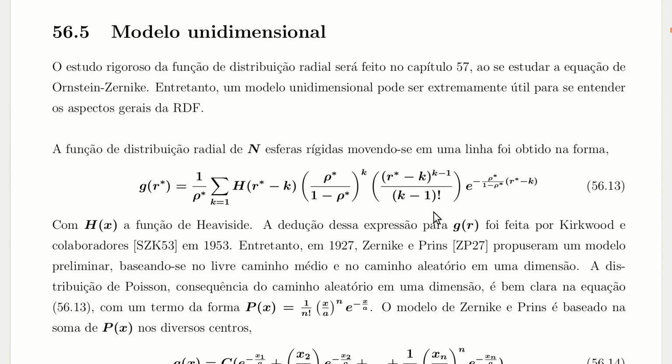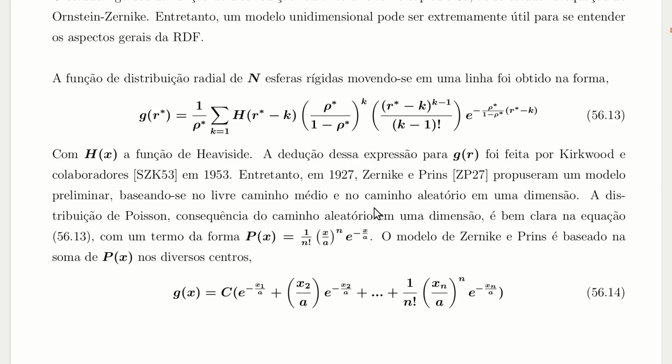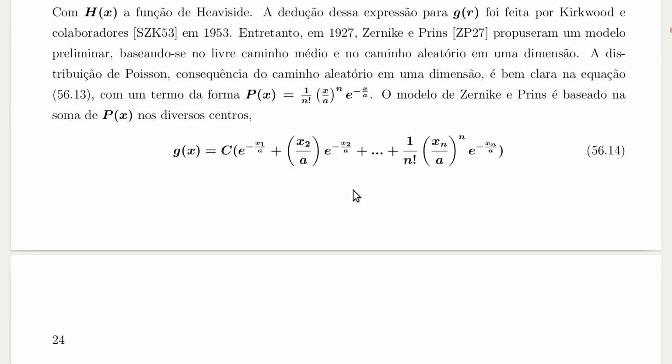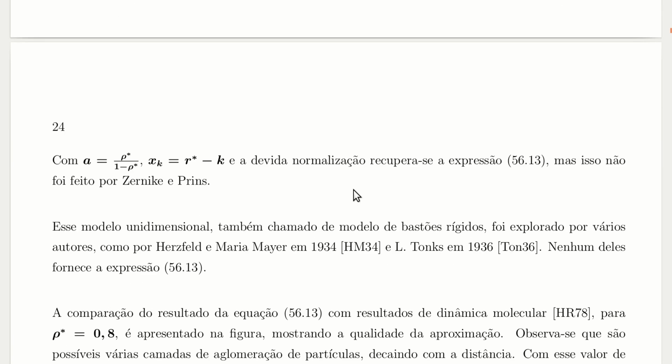But what is this one-dimensional model, the hard rod model, the Tonks model? It's basically a Zernike model, of course. It is basically a random walk around some fixed points. You see, we can see here the Poisson distribution, so it's a Poisson distribution at one point, another, and so on.